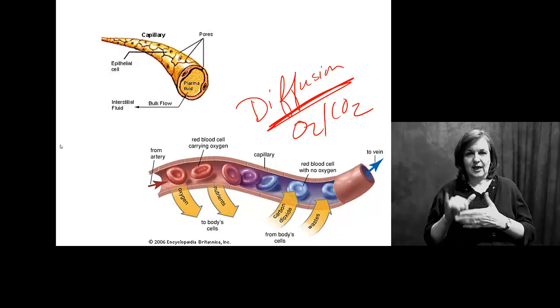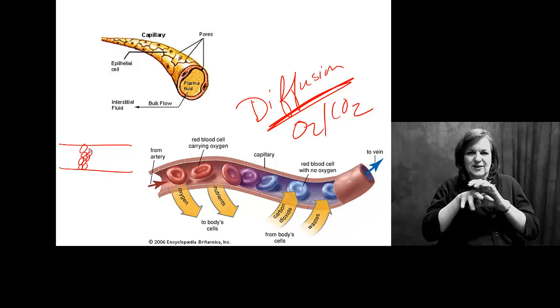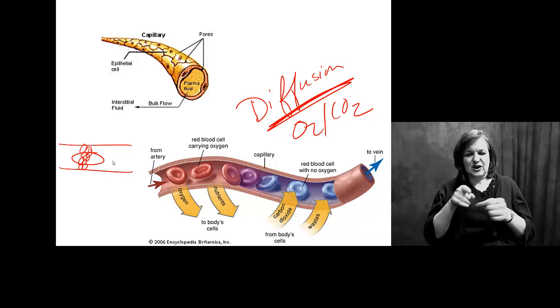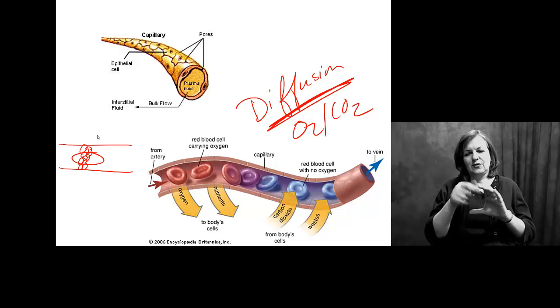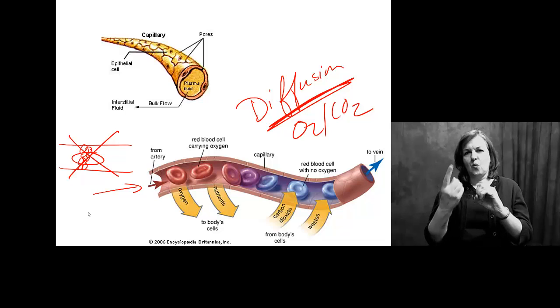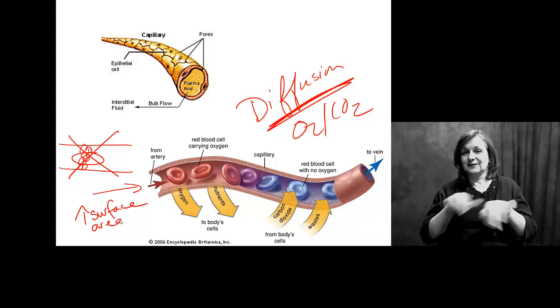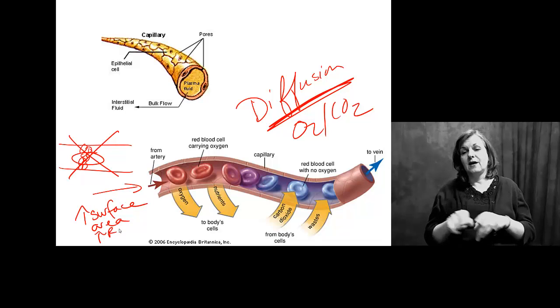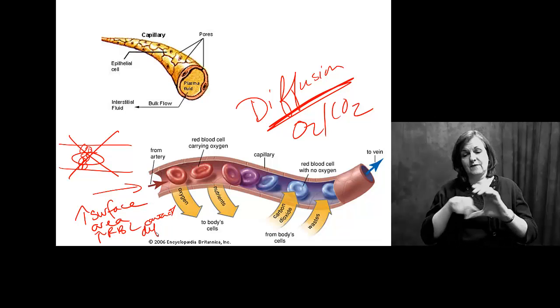If we actually had a vessel where we had many red blood cells trying to squeeze through here at once, the ones in the center would never get to diffuse, only the ones on the outside would. So this process of getting down to 1 red blood cell thick increases surface area so that we can increase the red blood cell contact and diffusion.